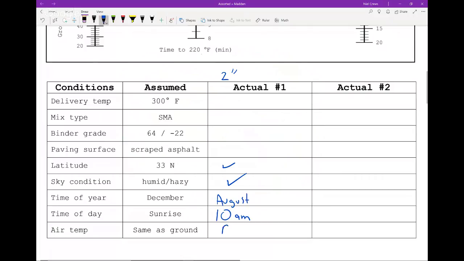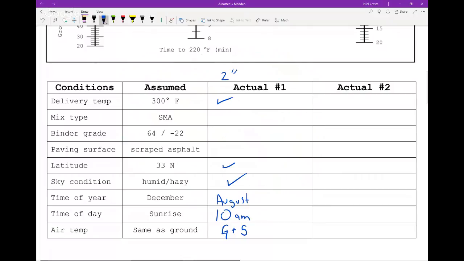That'll give us an air temperature of, I'll put G plus 5, meaning the air is 5 degrees hotter than the ground. There is a light wind of 6 miles per hour. When the asphalt truck arrives at the site, the mix temperature is measured to be 300 degrees.